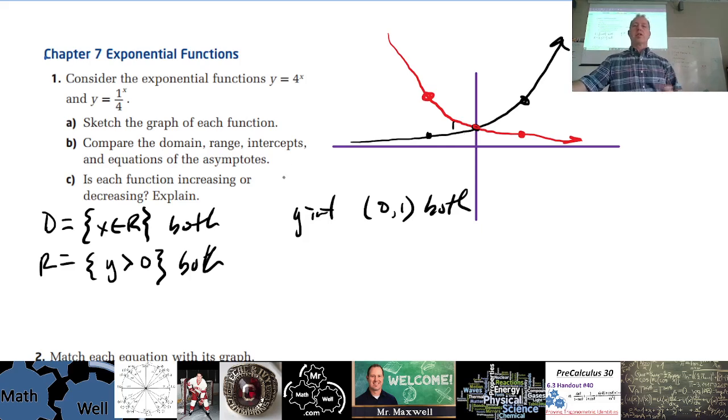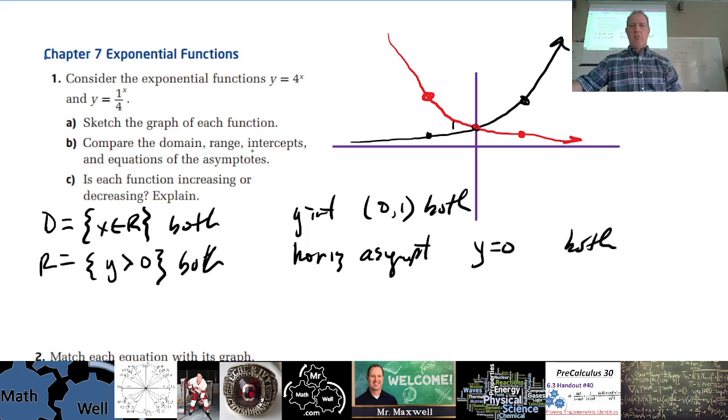A graph can actually cross over an asymptote line when x is small, but as x gets to infinity, with a horizontal asymptote, it would slide right alongside that asymptote and not touch or cross it. So we have a horizontal asymptote here, and that's at y equals 0 for both. Okay, as far as those, they're the same, right? Everything's the same for each of those.